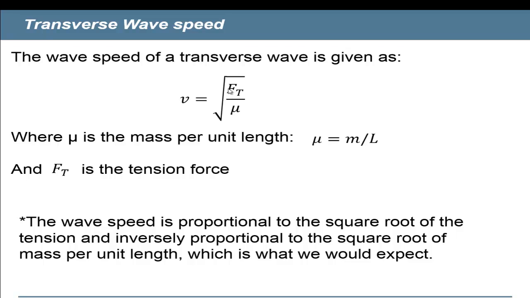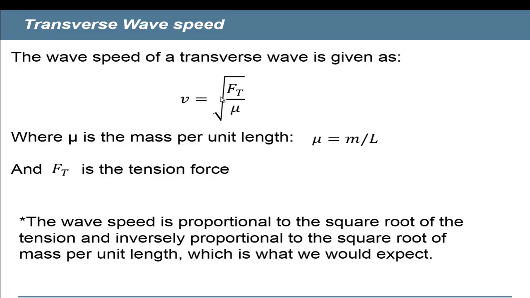F_T is the tension force, and mu is not the same mu that we used in chapter 5. Unfortunately, that was our coefficient of friction before. That is not what it is now. Mu has been redefined as the mass per unit length. So the mass of an entire rope divided by the length of the rope would give us mu.